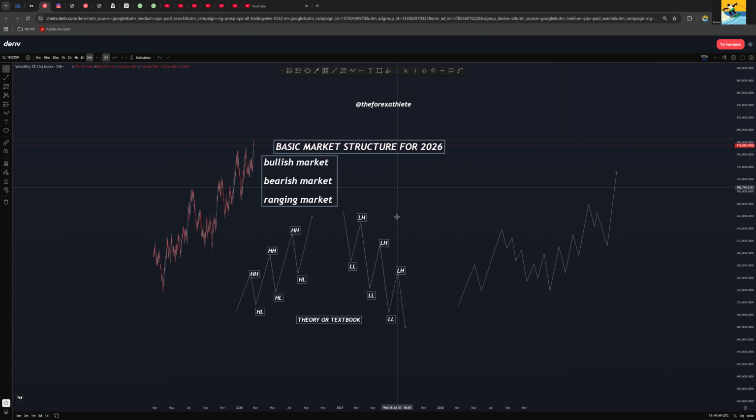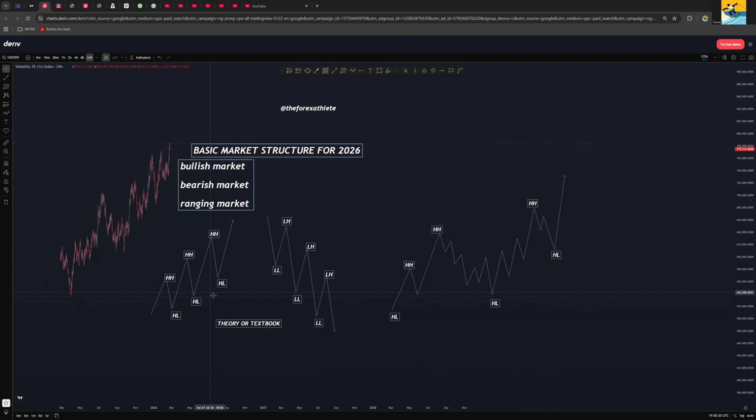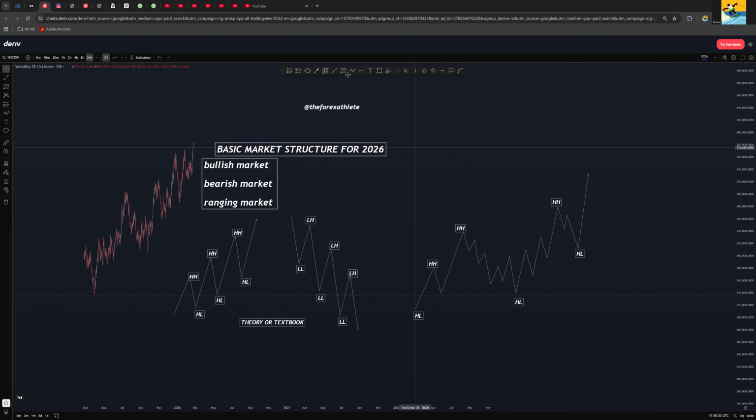So please take note. Same labeling. Now can you see the difference between the reality and the theoretical or textbook version? This is reality.